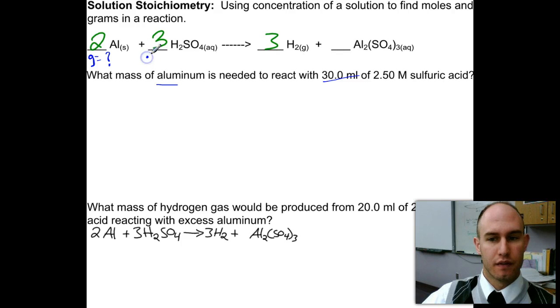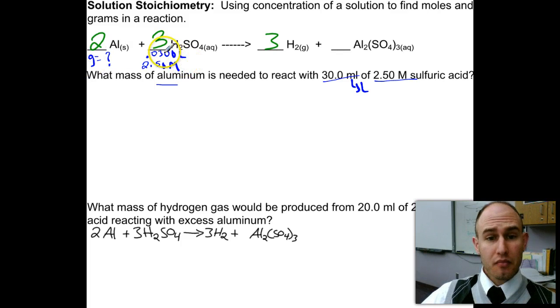Up here I'm going to convert this to liters, so it's 0.300 liters, because I need to convert milliliters to liters every time. And it has a molar concentration of 2.50 M, capital M for molarity.